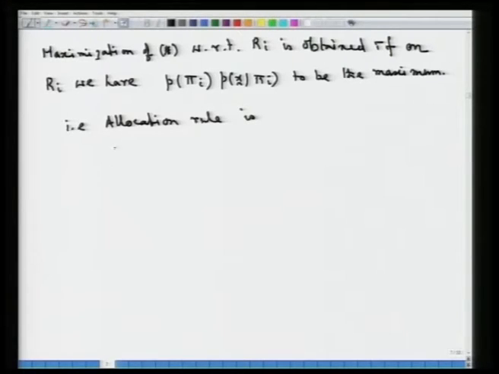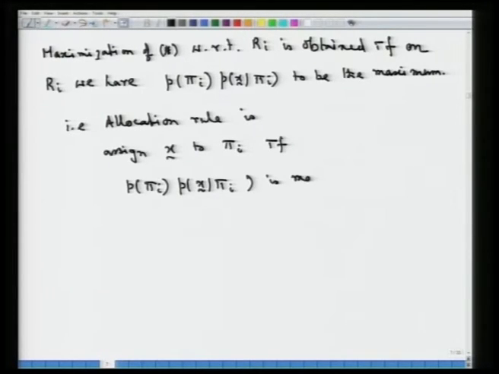Allocation rule is: assign x to pi I if we have p pi I into p x given pi I is maximum for every I equal to 1 up to c.